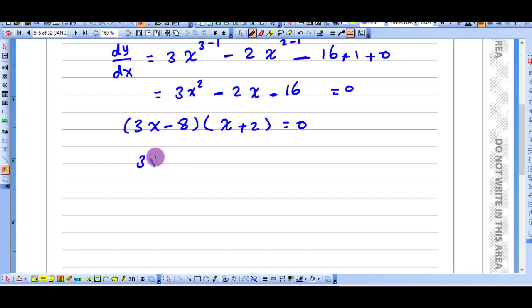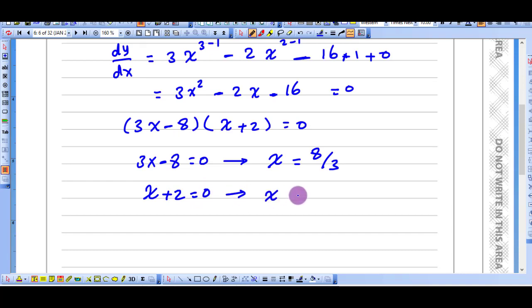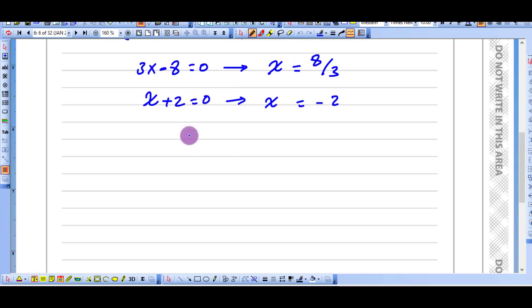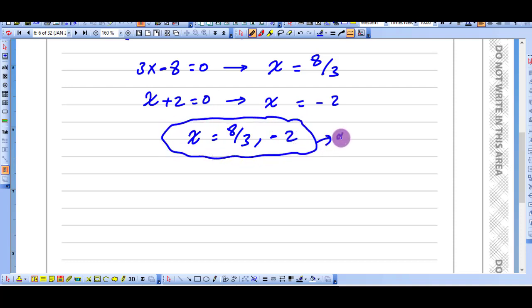So 3x minus 8 equal to 0, so from here x equal to 8 over 3. x plus 2 is equal to 0, so from here x is equal to minus 2. So x is equal to 8 over 3 and minus 2. And this is the answer of the question.